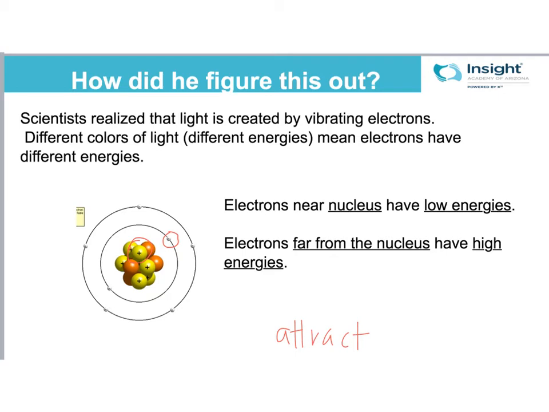Because those electrons are attracted to the protons, they want to be near the nucleus. So when these electrons are in those low rings, it doesn't take much effort to keep them there, because they're really close to where they want to be. Whereas the farther the electron goes out, the more energy it requires to keep it there instead of zooming in and running into those protons.